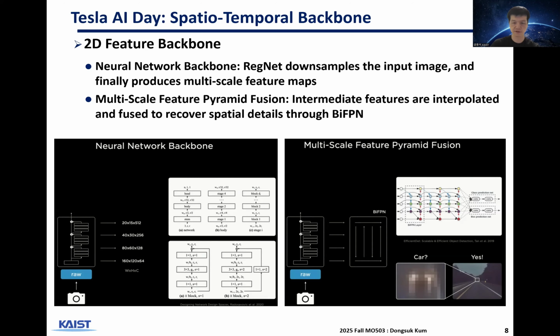This is done for each image. So we have eight images. Of course we share this network, but each image is processed through this 2D feature backbone.